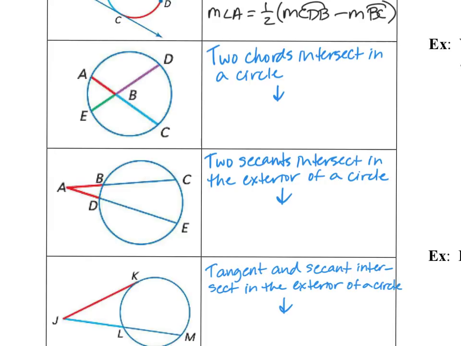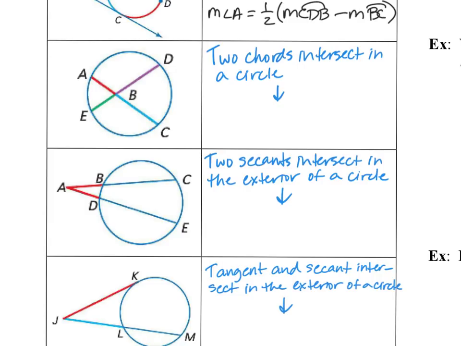So let's look at these theorems that tell us how to find the measures of these segments. So our first theorem talks about 2 chords that intersect in a circle. So we have 2 chords and their intersection is in the interior of the circle. So we have the following relationship. When 2 chords intersect in the interior of a circle, then they cut each other up proportionally.